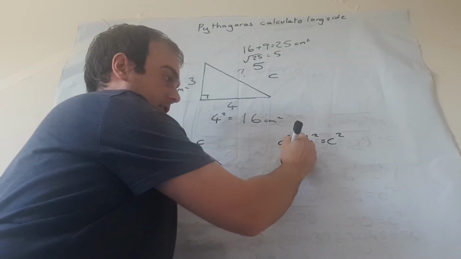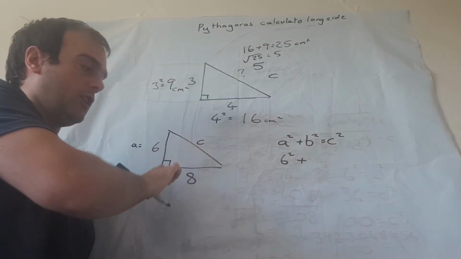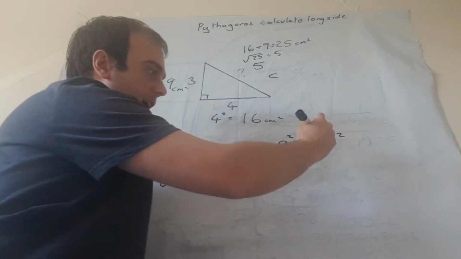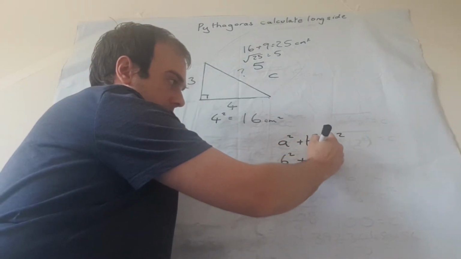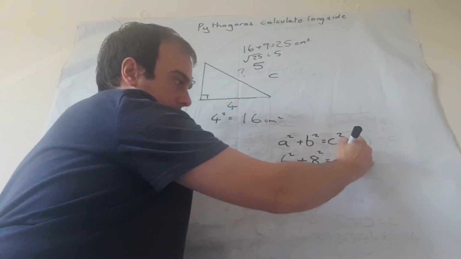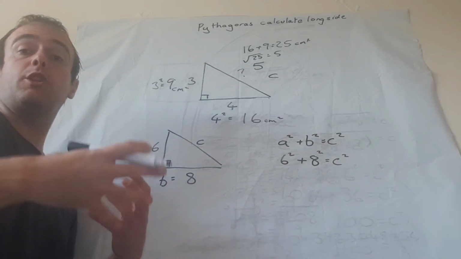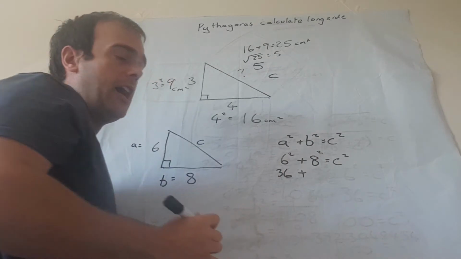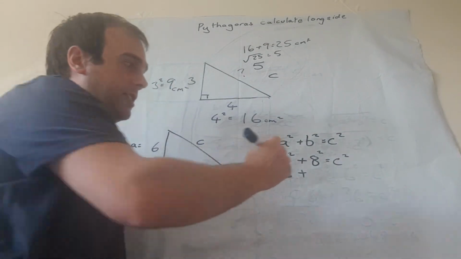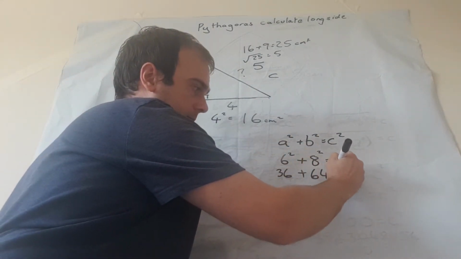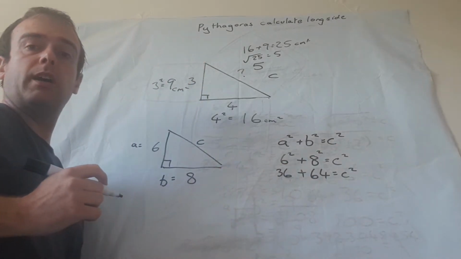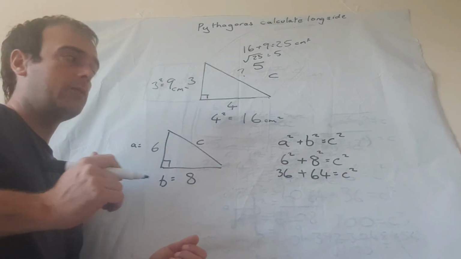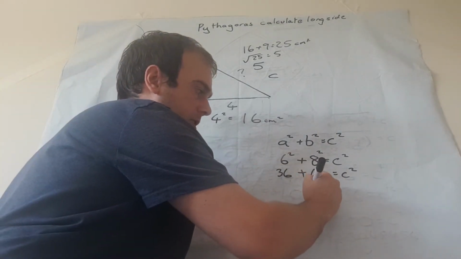So 6 squared plus, substituting the 8 for the B, 8 squared equals C squared. Now I'm going to do the numbers squared. 6 squared is 36. 8 squared is 64, which equals C squared. Now when I add those two together, I end up with 100.